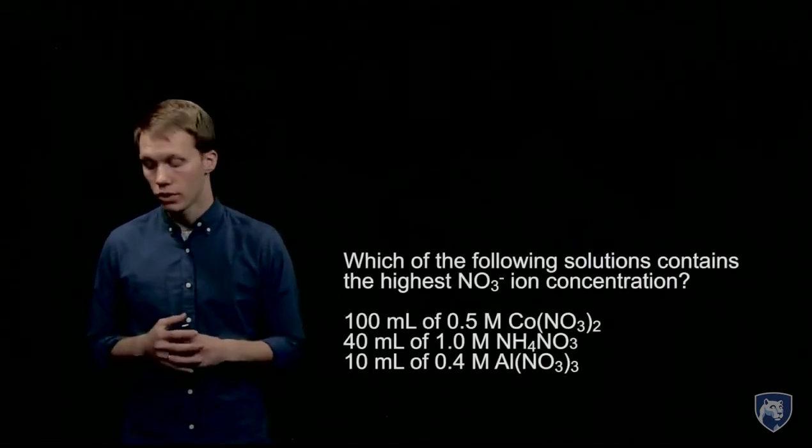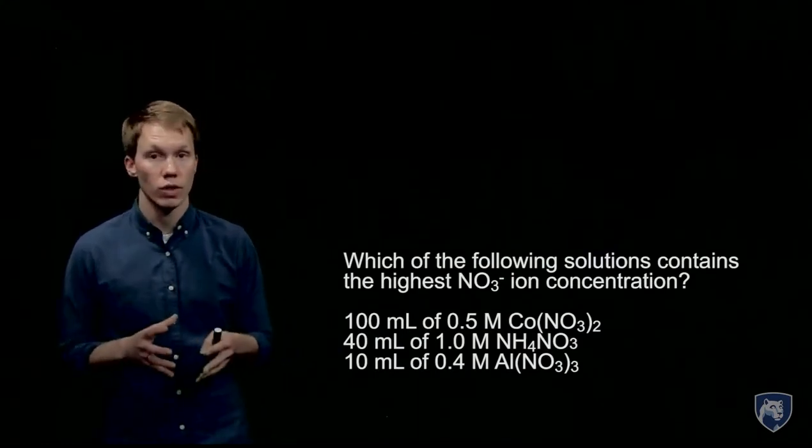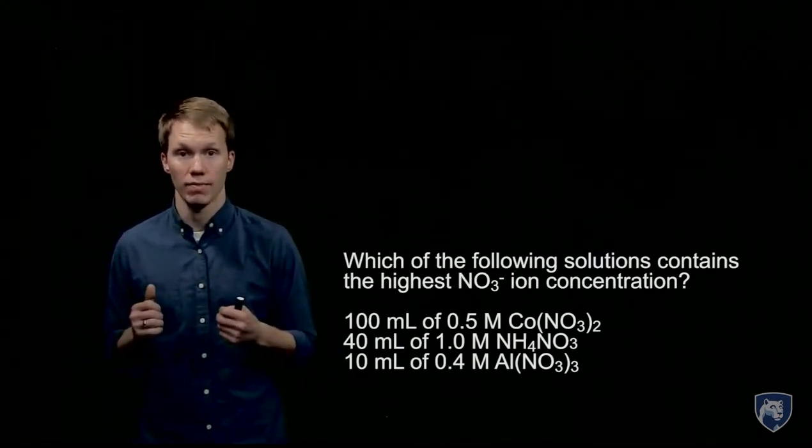Let's take a look at some example problems where we need to account for the stoichiometry of the dissolution process when considering the concentration of a particular ion in solution. So the first one I have for you is, which of the following aqueous solutions contains the largest concentration of nitrate ions?